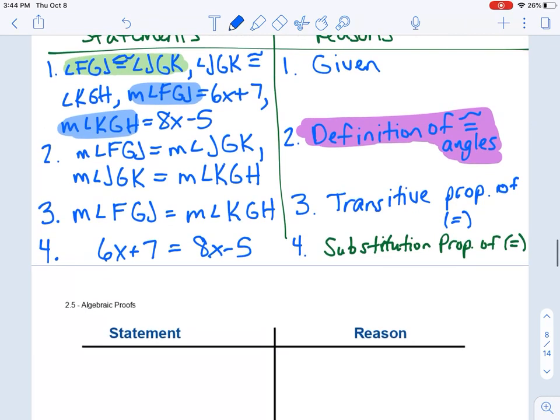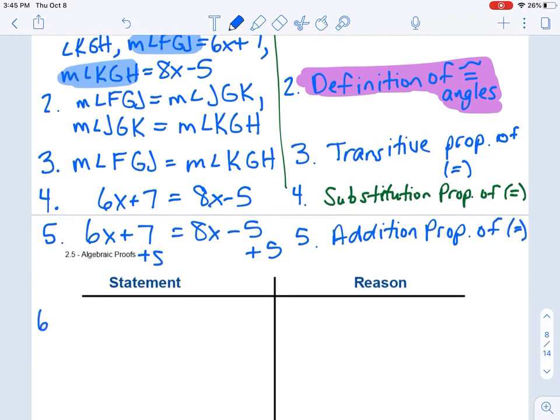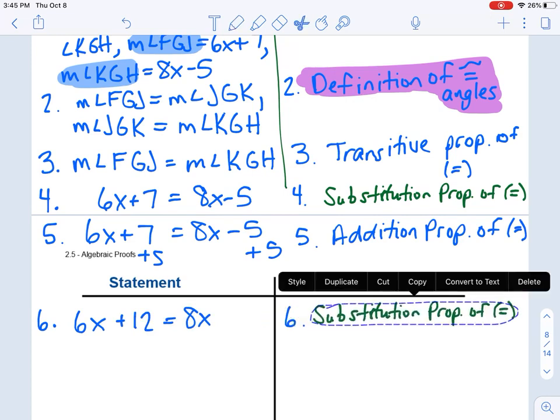Now we go ahead and solve. So we're just going back to our algebra rules. I'm going to add 5 on both sides. So this is our addition property of equality. Then I need to finish that out. And that, once again, when I do that sort of step, is a substitution property of equality.